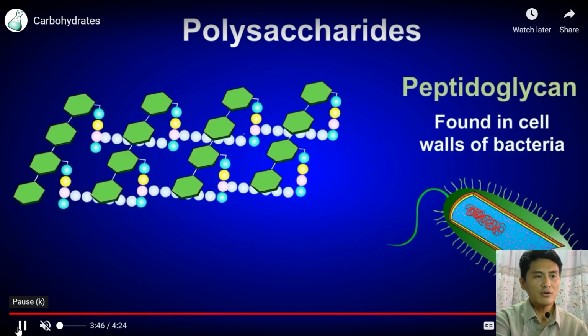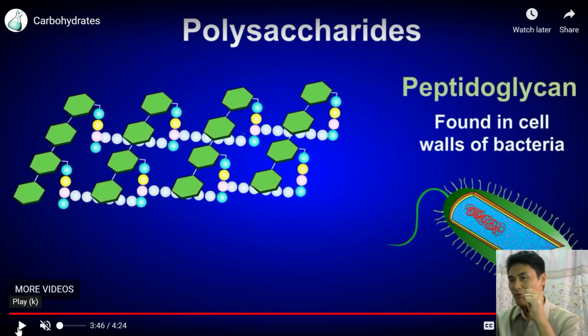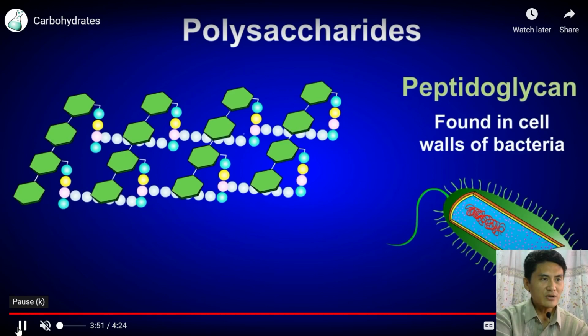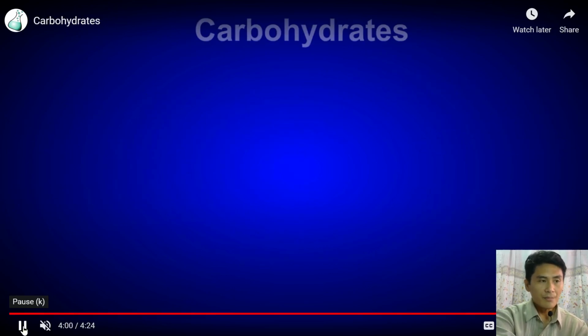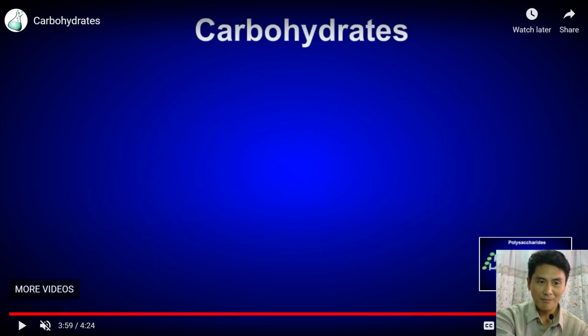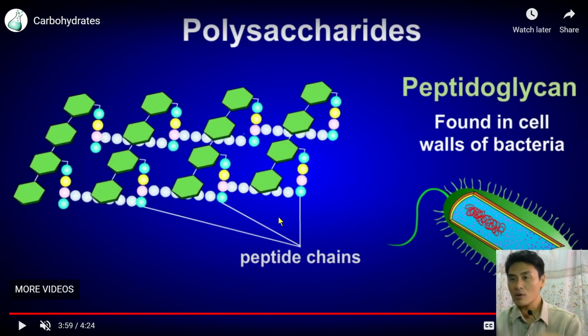But after amino groups, remember, you can chain amino acids and form a chain of amino acids. So that's the next step. Bacteria use a chain of monosaccharides, but they have added peptide chains. Remember, a peptide is a chain of amino acids. Amylose, amylopectin, and glycogen are just a chain of sugar molecules.